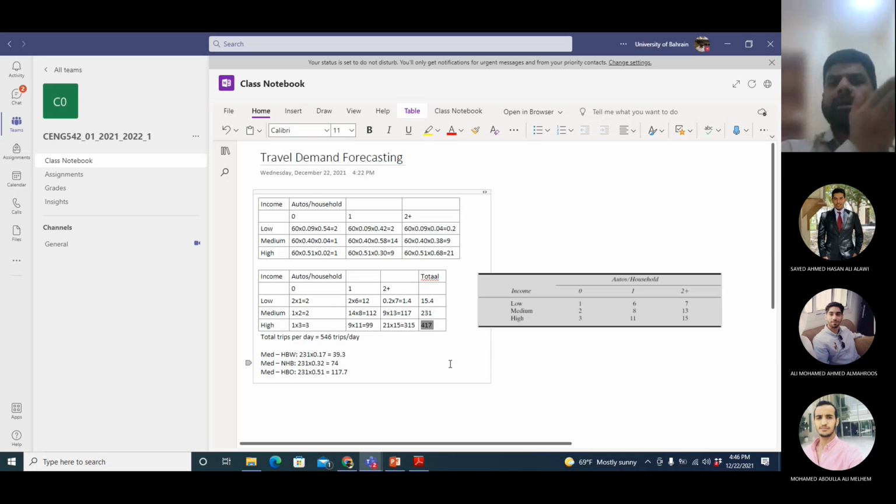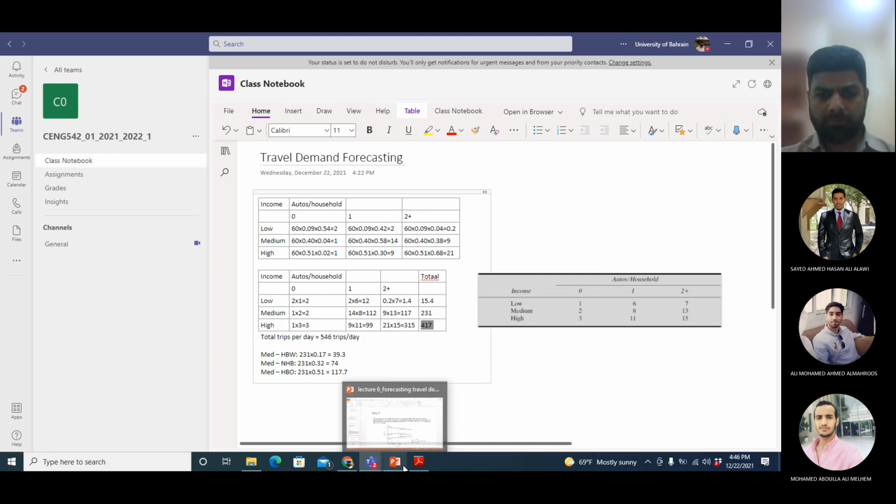Then we found the percentage, the number of households belonging to each income category and car ownership. Then we multiplied that number with the average number of trips for that combination. And then we took the total number for each income category and multiplied by the percentage of trip purposes given from the origin destination data. So this is the entire process.